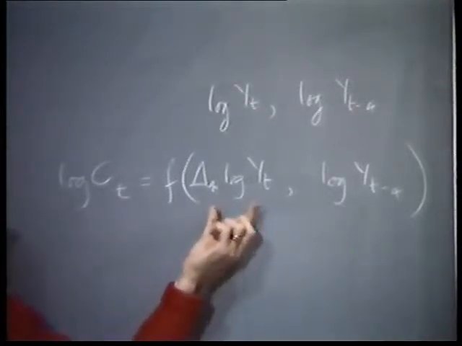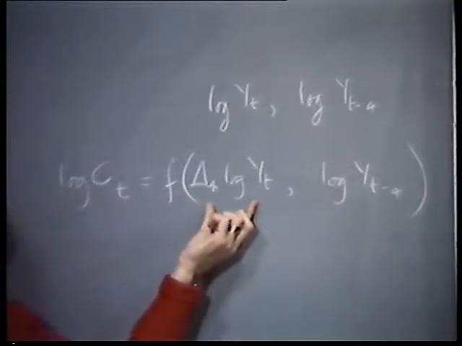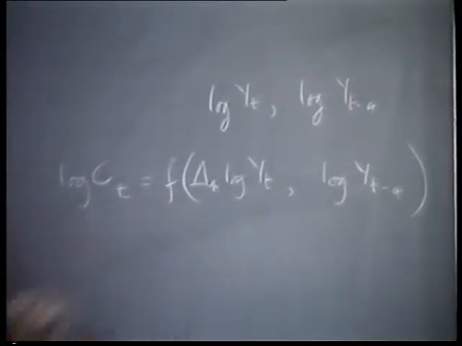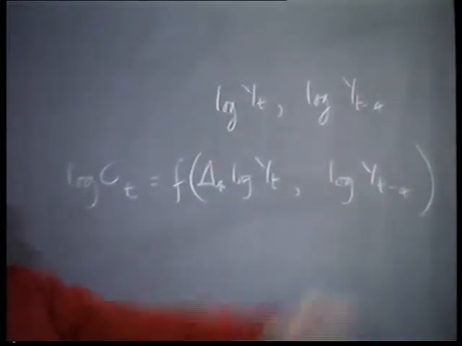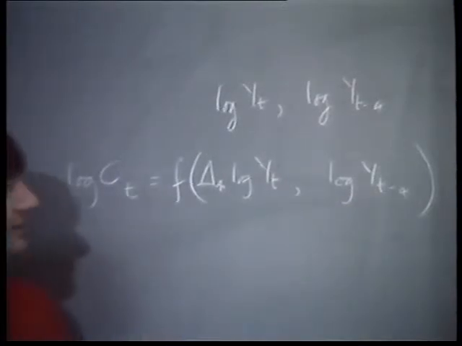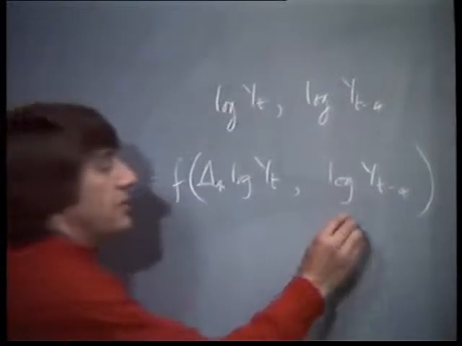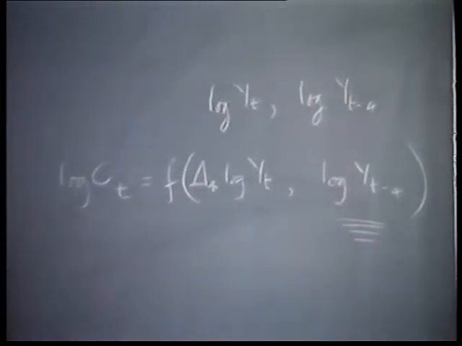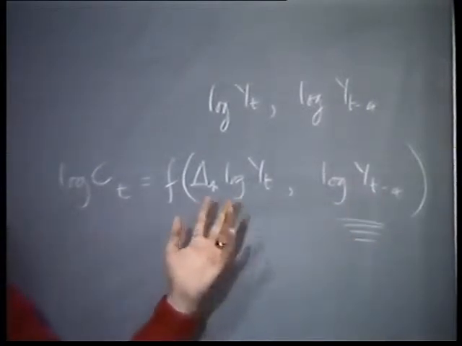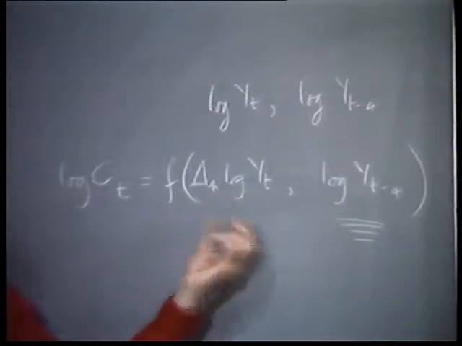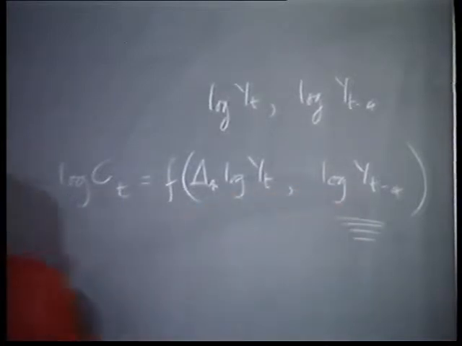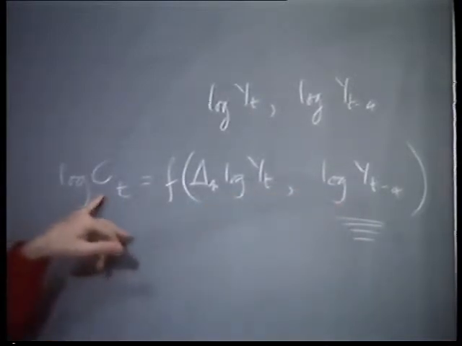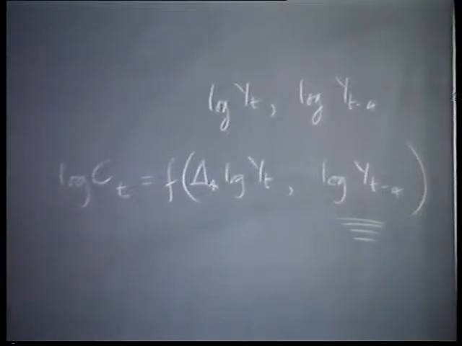So this is the seasonal change in income, and we have consumption as a function of that. We then have consumption as a function of the level of income in the same quarter but of the previous year. So this variable represents the overall level of income for the appropriate quarter of the year, and this is now representing the way in which income has changed through the current year. And those two variables are highly likely to determine what happens to consumption in this particular period t.